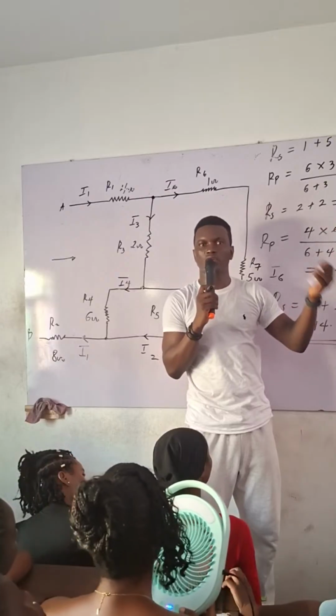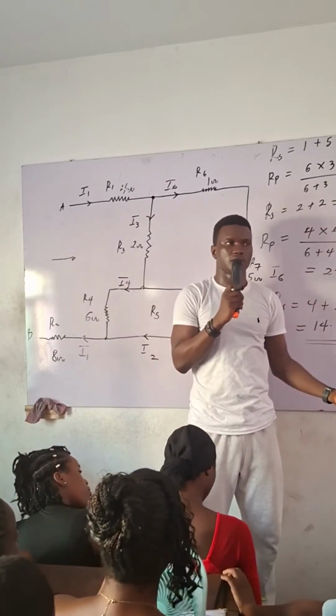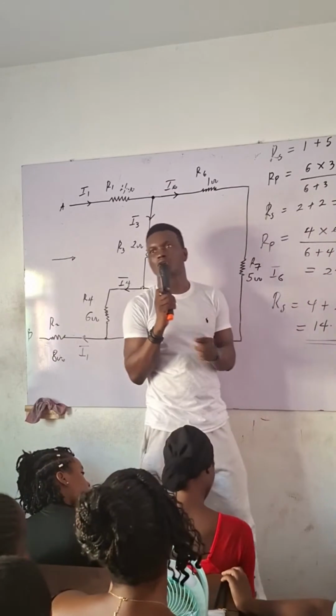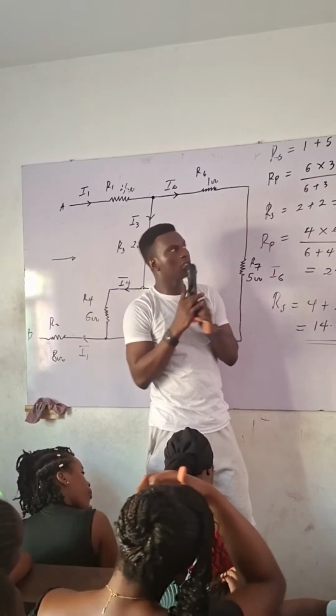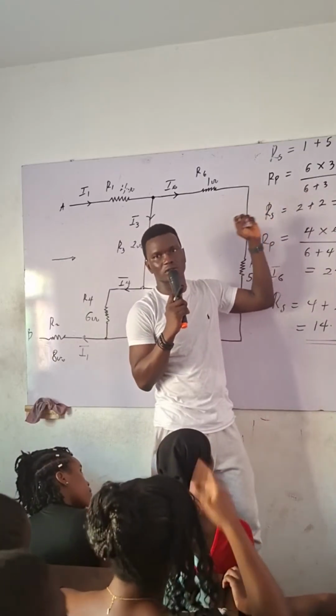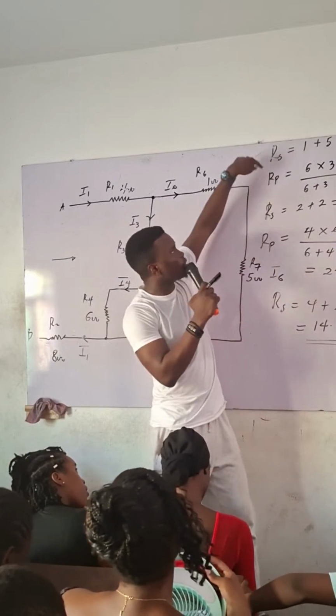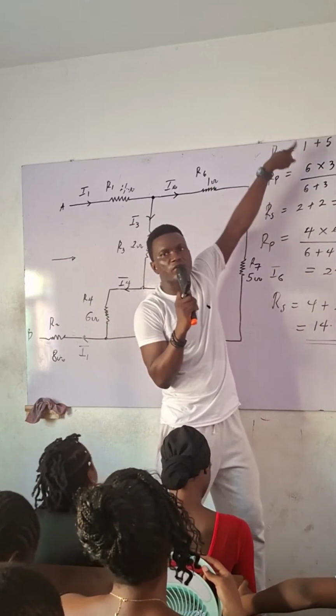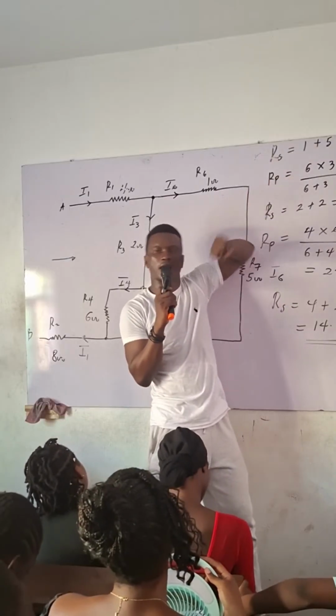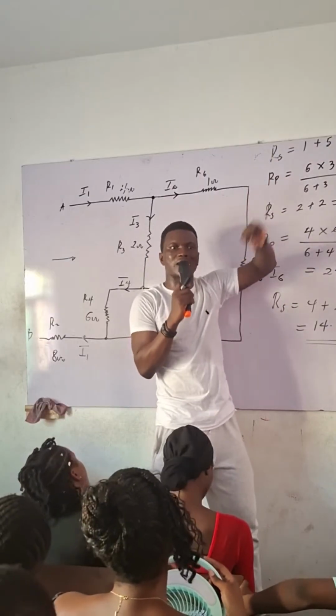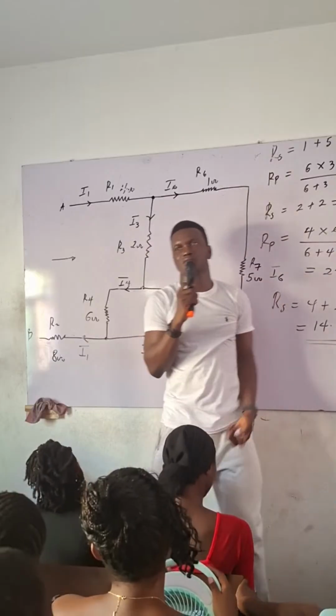It's one that is making mistake. If you use the normal method, we still get the same answer. This one is just a paper method. Your own will give you 1 over total equals 9 over 18. Then you now cross multiply. Our total will be 18 over 9. So you get 2.